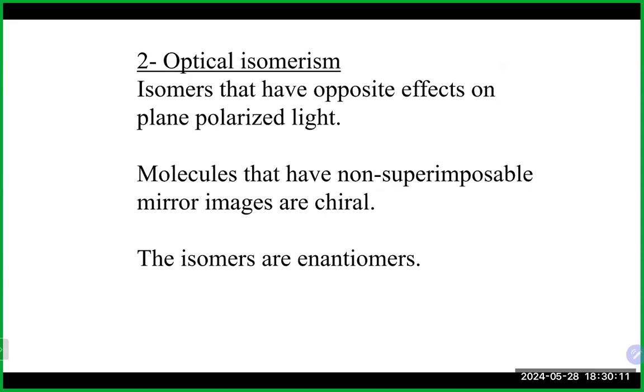As we will see shortly, but we'll just look at it here for a second. Basically, what that means is if you put a molecule up to a mirror and the mirror image is reflected, and you take that mirror image out, you will not be able to superimpose it on the original molecule so that everything fits correctly.